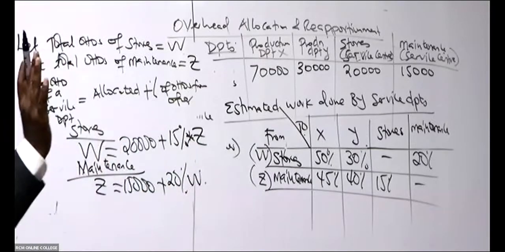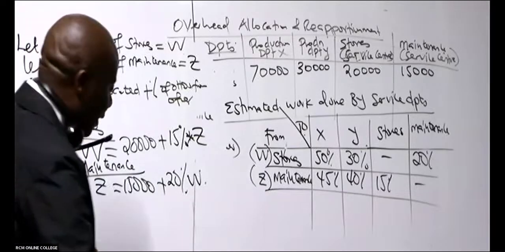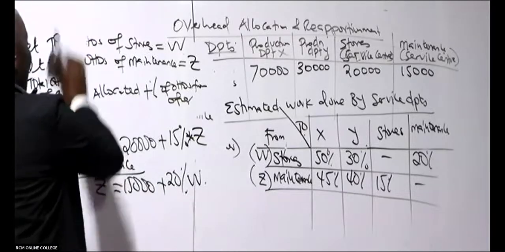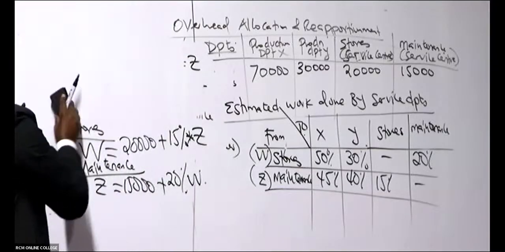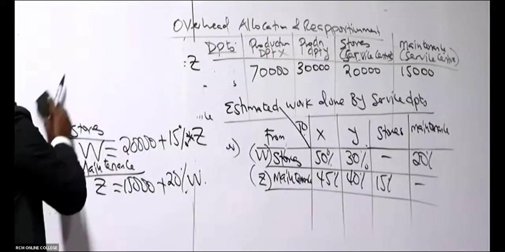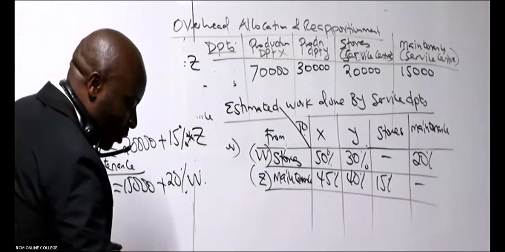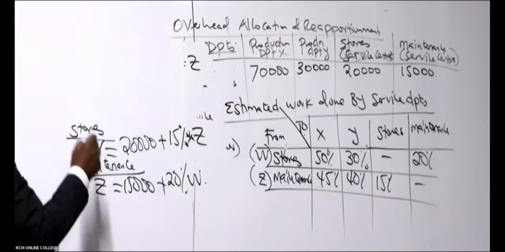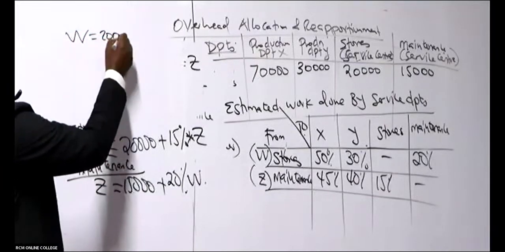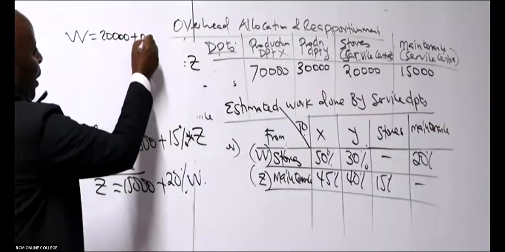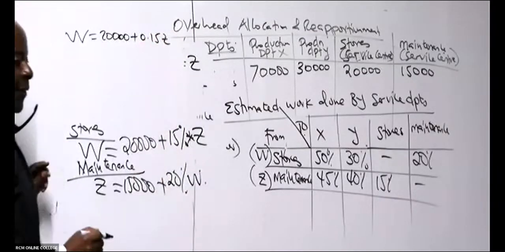I know you have not understood anything, but just allow me to explain something here. Once I explain one more time, you guys will be okay. So allow me to write this way. W will be 20,000 plus 0.15Z, isn't it?